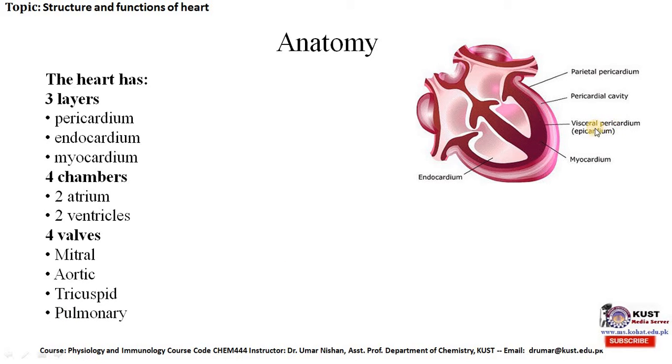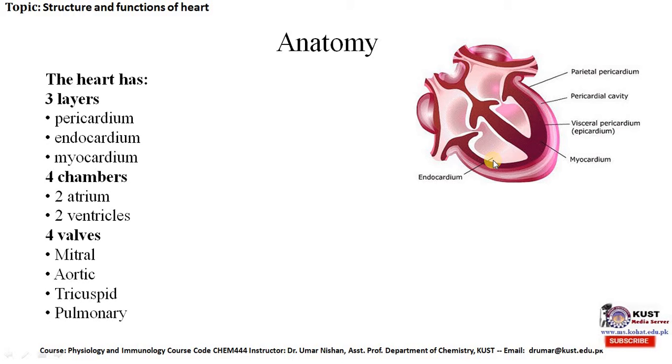So here you can see the layers: the parietal pericardium, this is the parietal cavity, this is the visceral pericardium or epicardium, this region is called myocardium, and this is the endocardium.